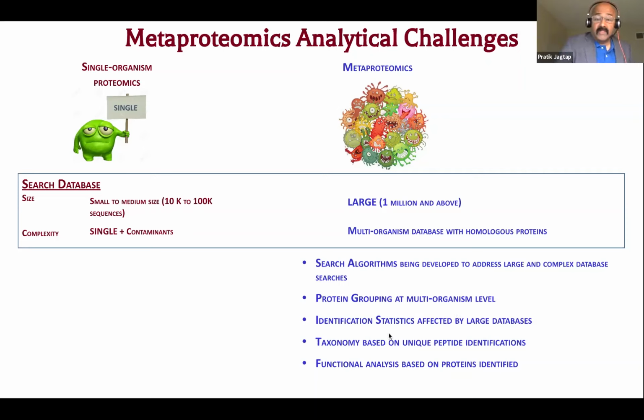The identification statistics do get affected by large databases. The larger the database, the more your sensitivity of detection diminishes, both at the protein and peptide level. And your taxonomy is based on unique peptide identifications, while you can actually detect functions of proteins even though these proteins are shared by multiple organisms. I'll talk a little bit about that as well.